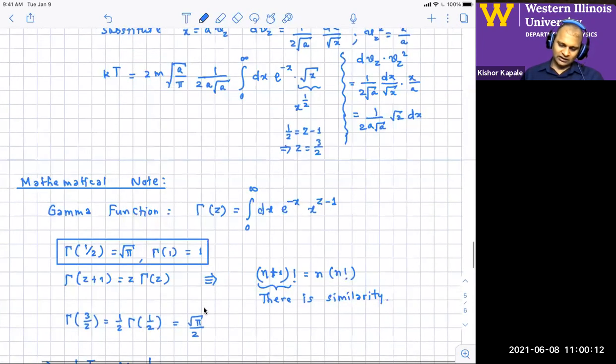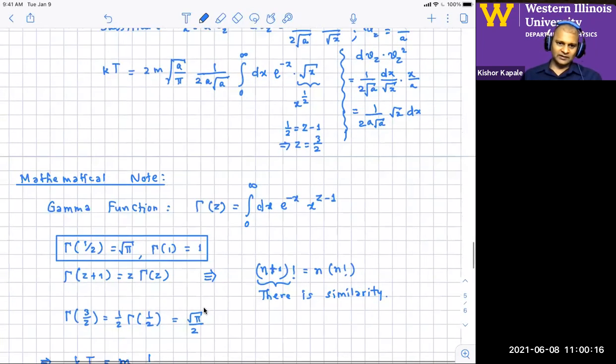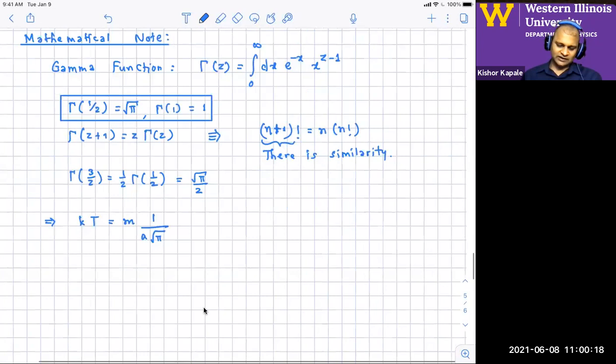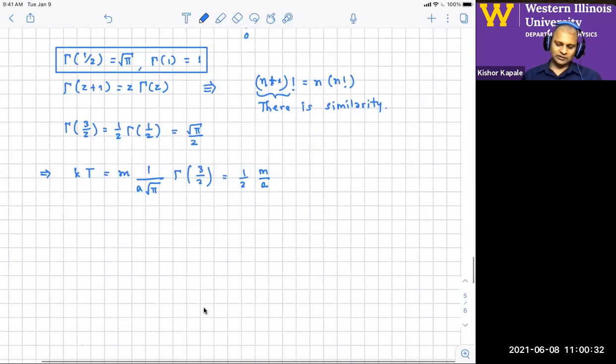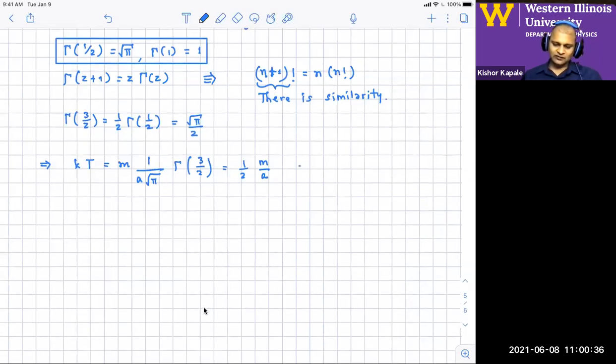That's just the simplification of the 2 terms before the integral. And the integral itself is gamma of 3 over 2, which is equal to half root pi. Root pi would cancel, and you are just left with m over a. Half comes from there. So m over a.